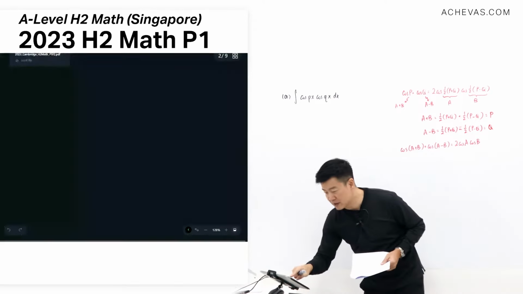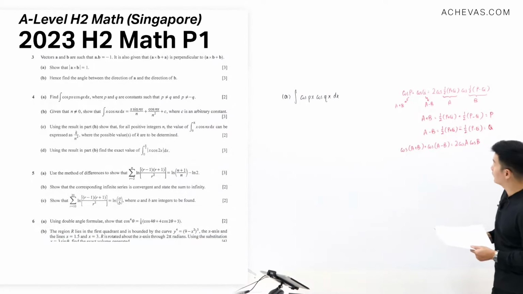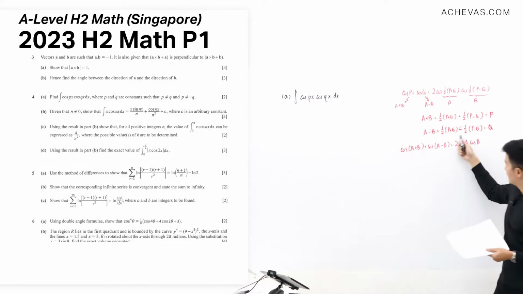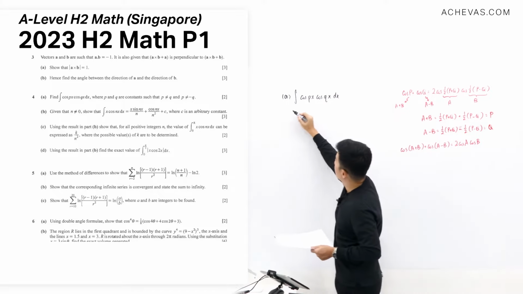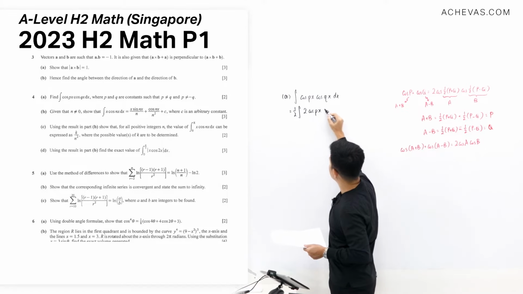And that is what I'm going to try to apply here. So for this particular question, making use of this new trigonometric identity, what we need will be a coefficient of 2 in front so that I can simulate this. So this is going to be equal to half integration of 2 cosine px cosine qx.